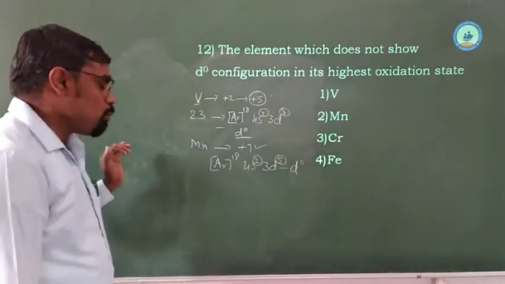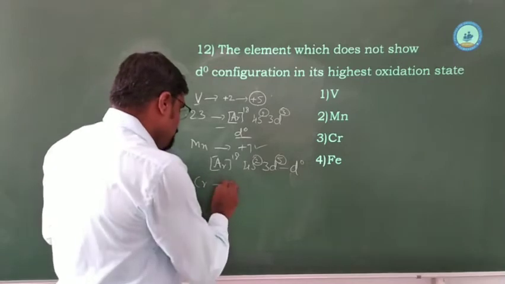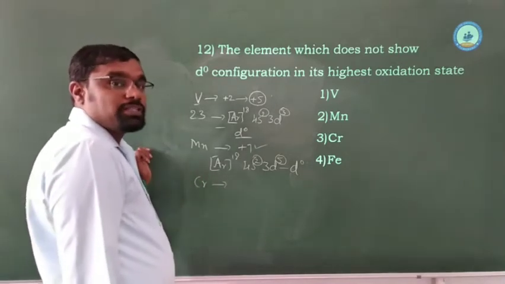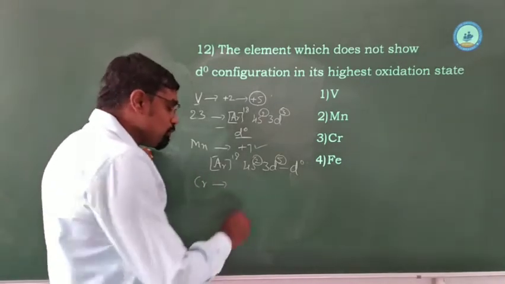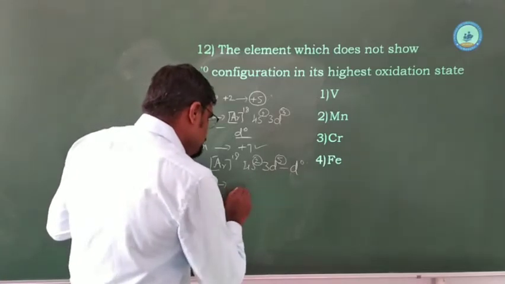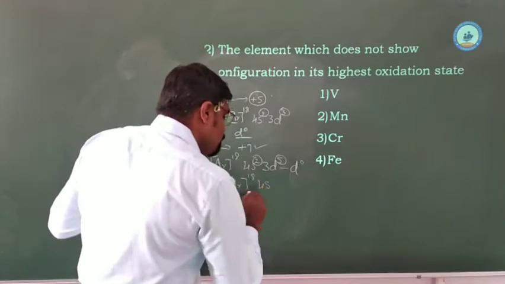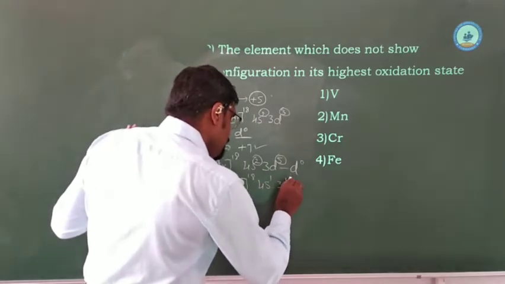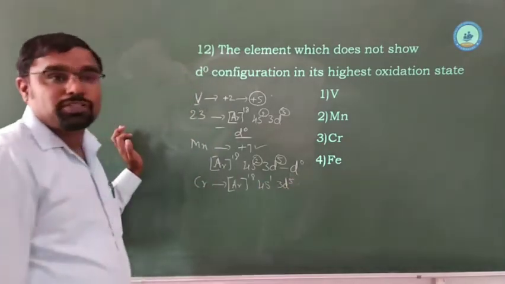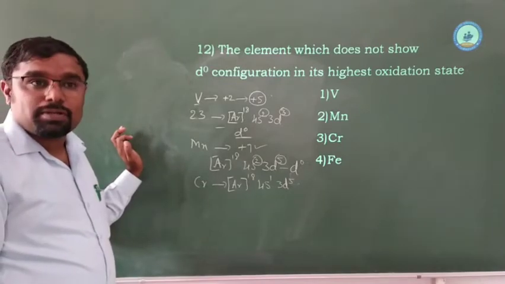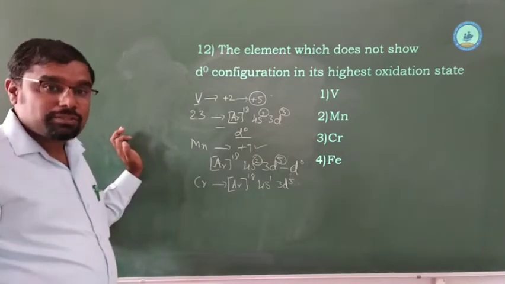And then next chromium. Chromium atomic number is 24. So the electronic configuration after argon is 4s1 3d5. What is the highest oxidation state?